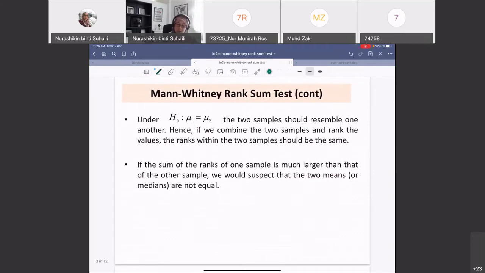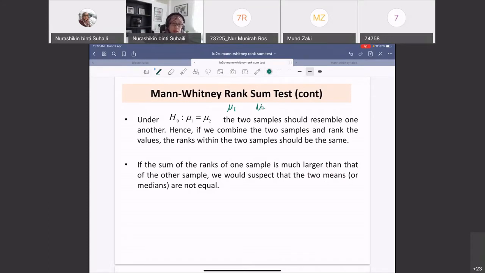So how do we construct the hypothesis of the Mann-Whitney rank sum test? You have to understand the nature of the samples or the data that you want to compare. Okay, now we are talking about 2 samples, right? So this one is not really different from previously. We are concerned with mu, the mean of the first sample and the mean of the second sample.